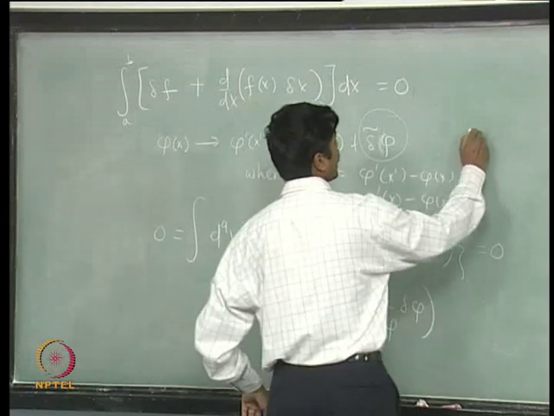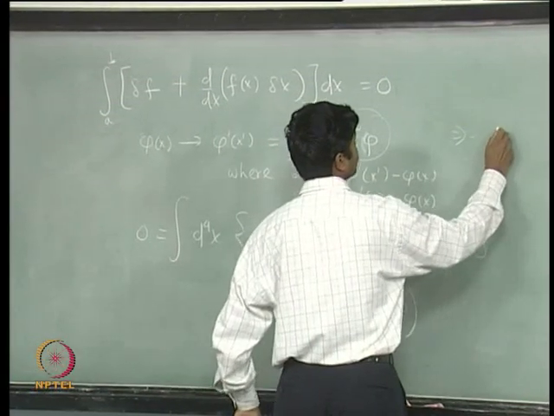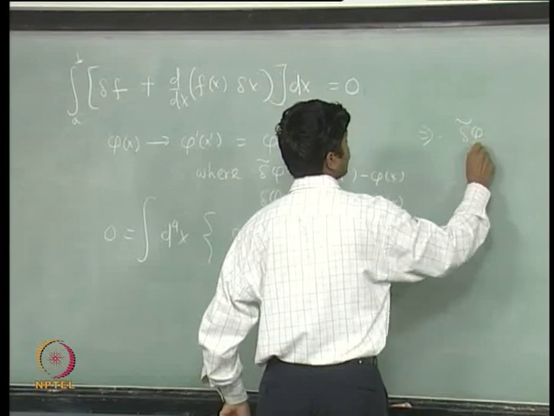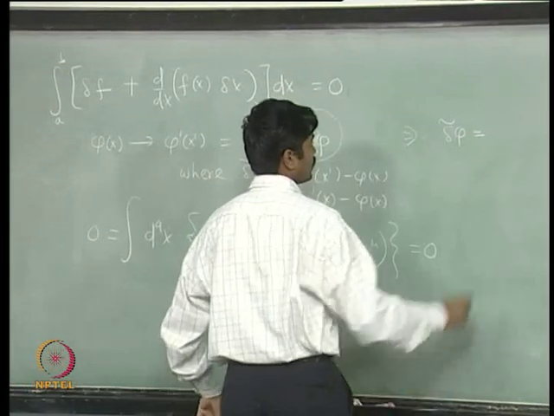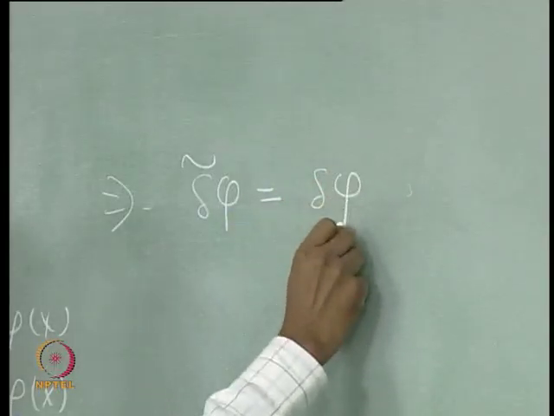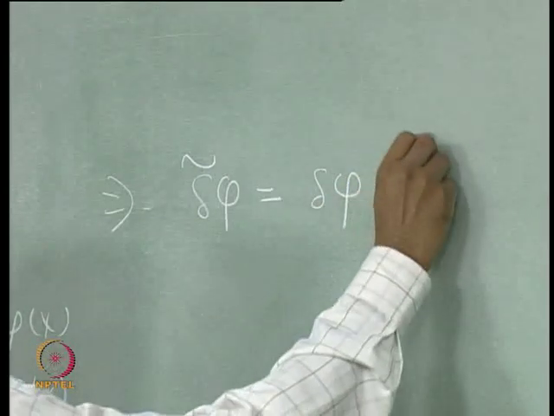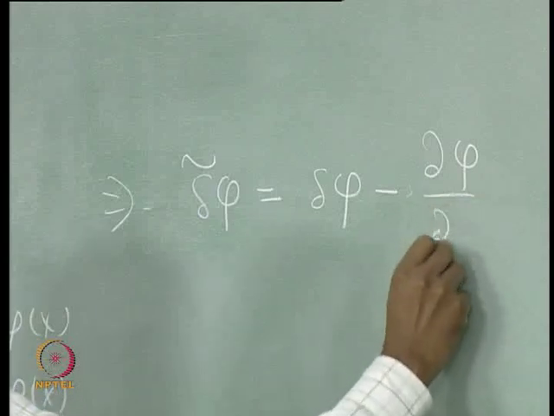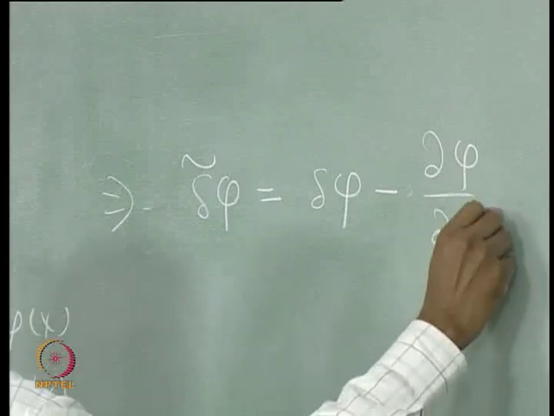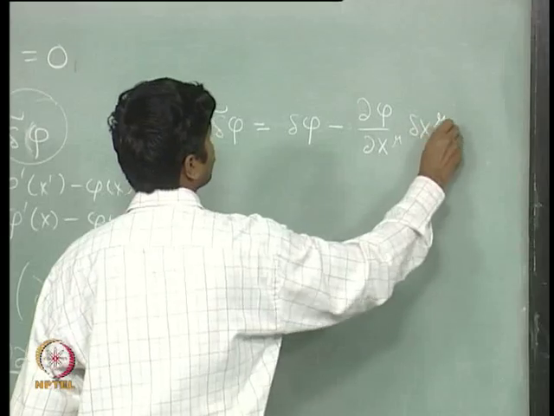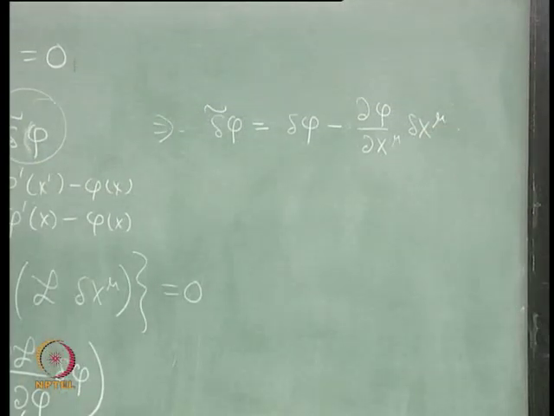We have already derived in the last lecture delta tilde phi is equal to delta phi minus del phi over del x mu delta x mu, right.